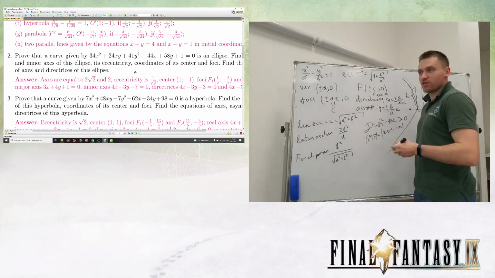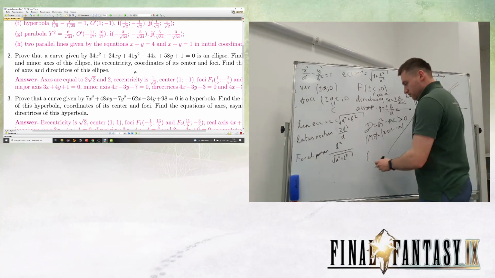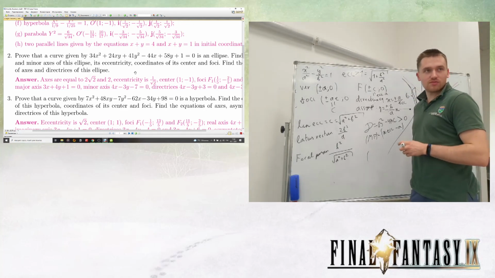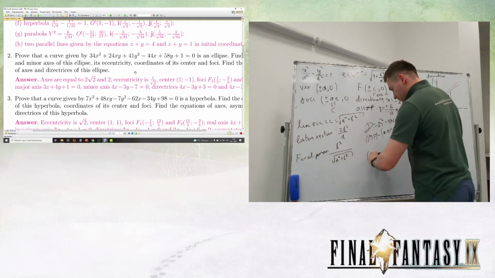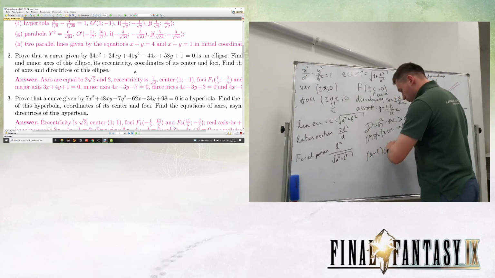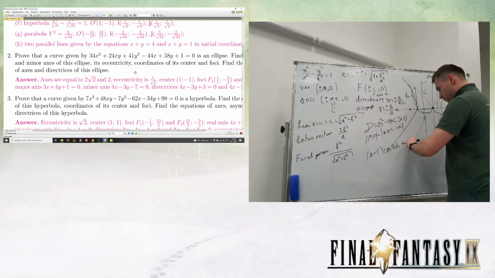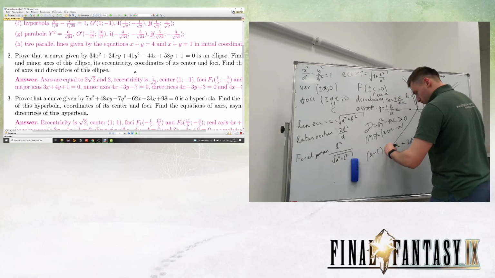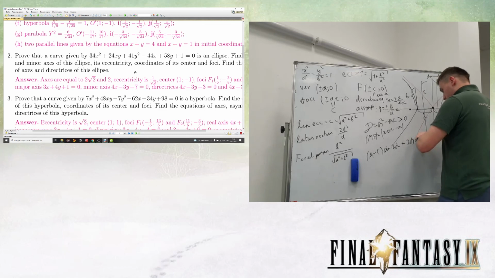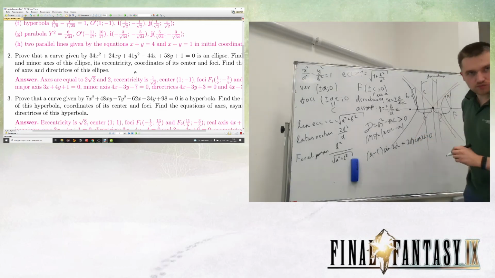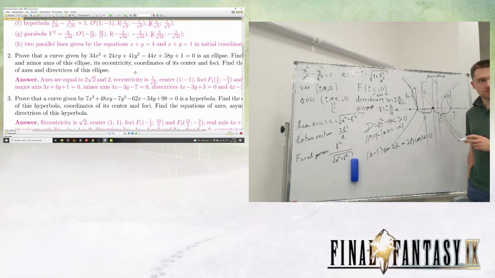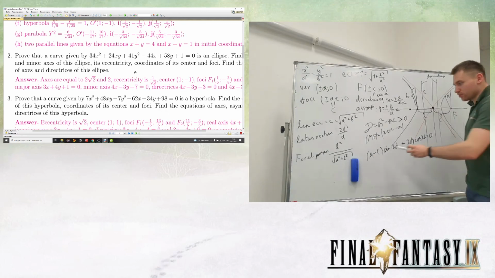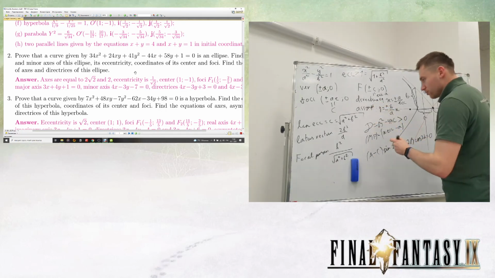Do you remember how to find the angle? I don't know. It was in the previous class. A minus C over B. This equation, and Ivanov derived it for you over a couple of classes. Let's put it there. So A will be what?